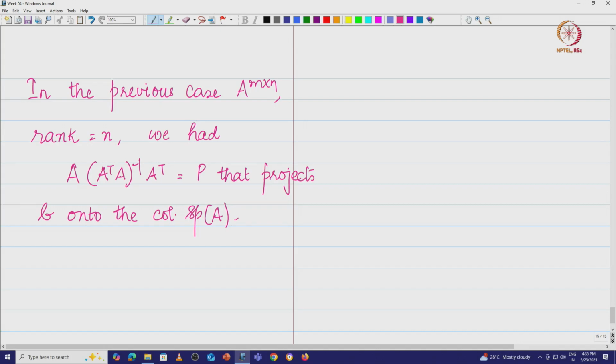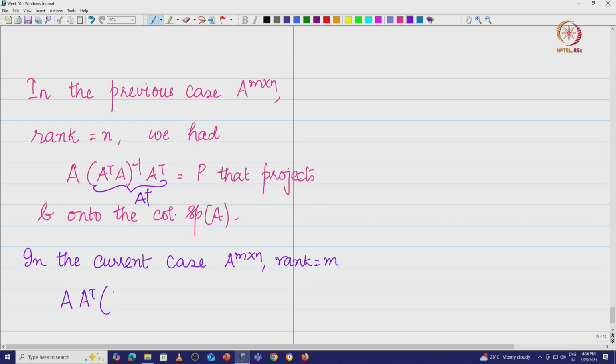In the current case, where we have A m by n, rank equal to m, we figured out that A into A transpose into A A transpose the whole inverse is equal to the identity matrix, exactly similar to what we have here.